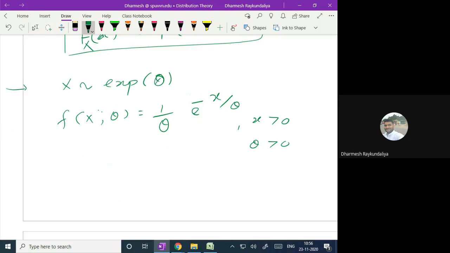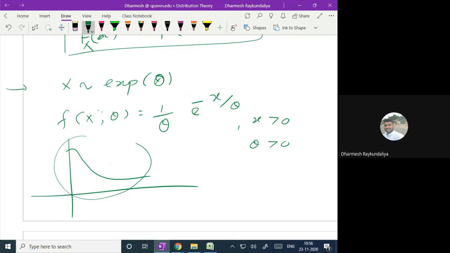Then X is said to have an exponential distribution. When you plot the exponential distribution, the graph is something like that. So whenever you have the data and the histogram of the data looks like that, then it must be exponentially distributed. That means the variable follows the exponential distribution.